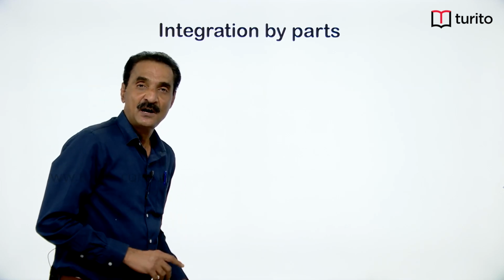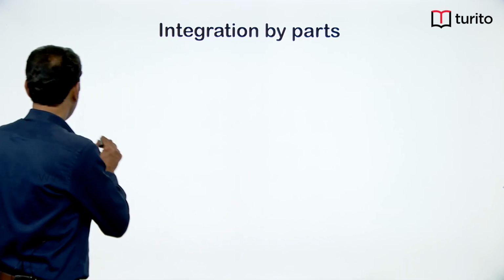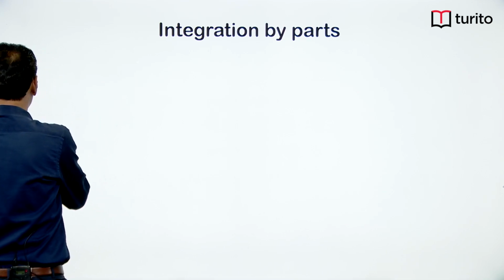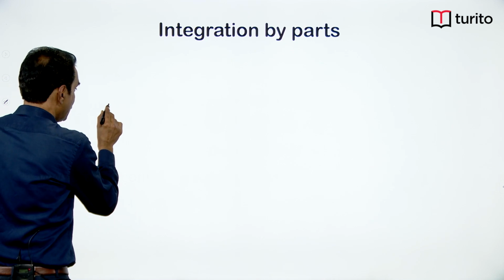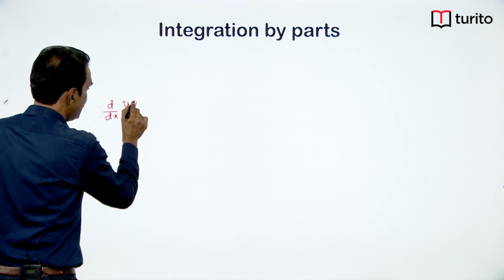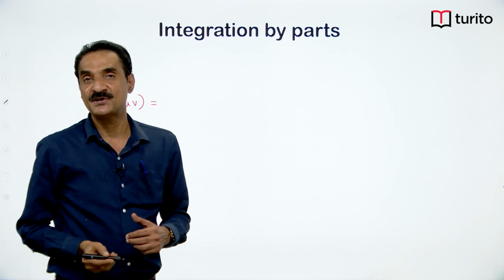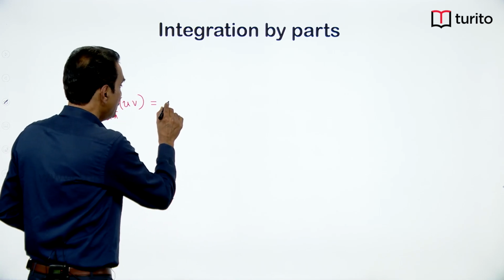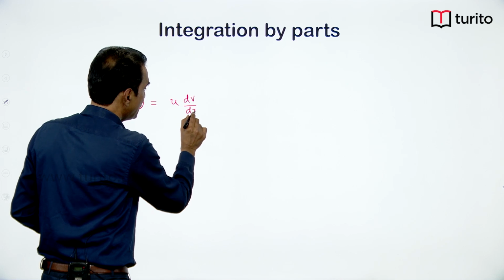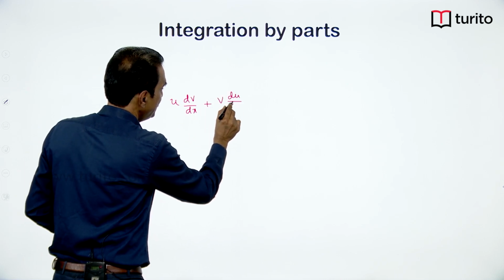In differentiation, you have a direct formula for differentiating a product of two functions. d by dx of u into v, where u and v are functions of x, is equal to u dv by dx plus v du by dx.